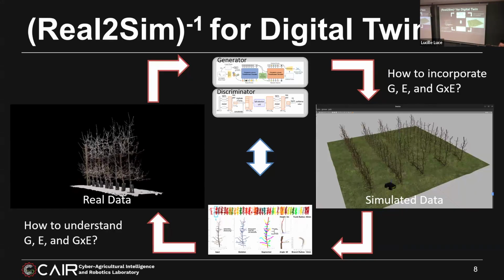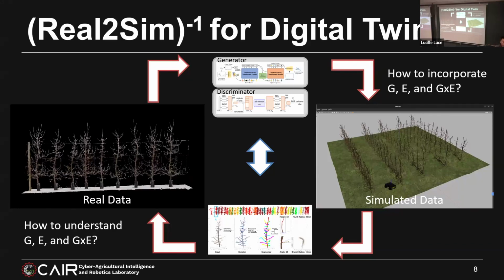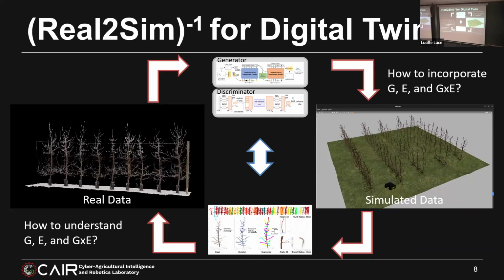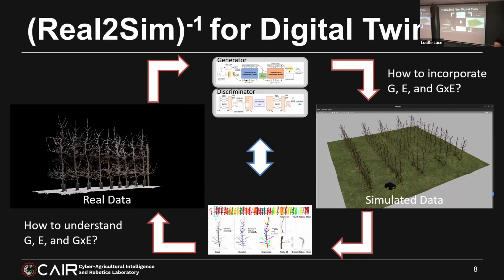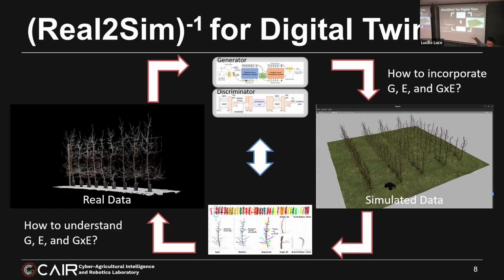So a similar idea here for plant breeding or plant science in general is we want to use all these robots to get real-world data, and then we can design AI systems to reveal what the data really tells us, so we can form this kind of digital twin of the physical system.